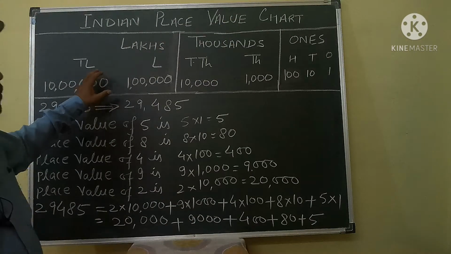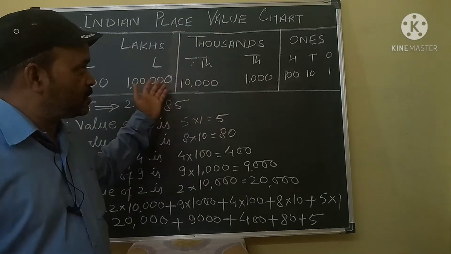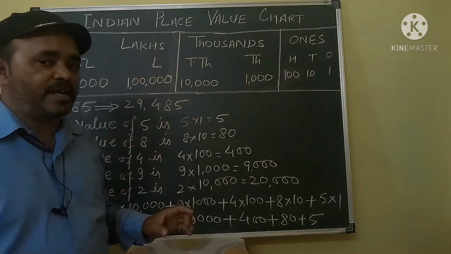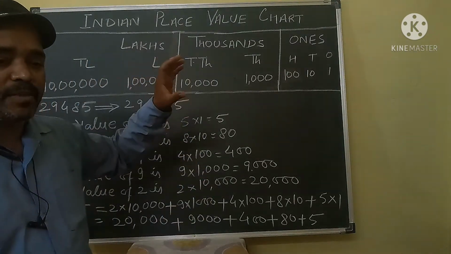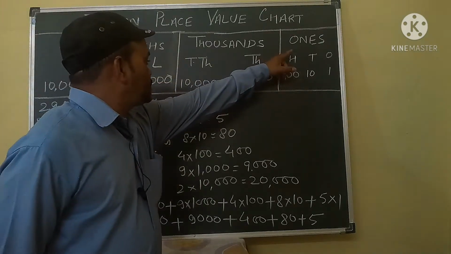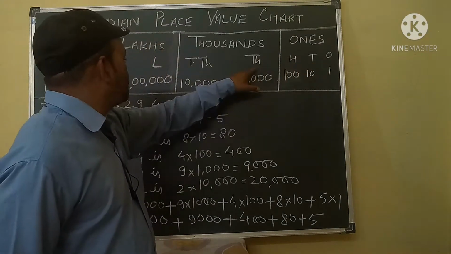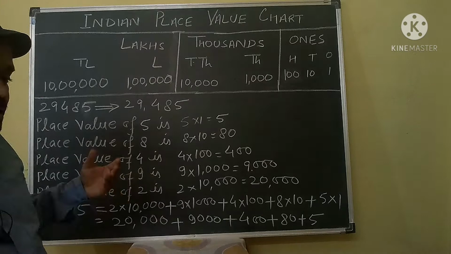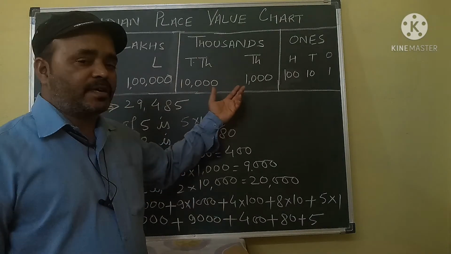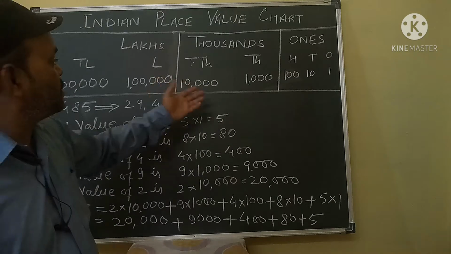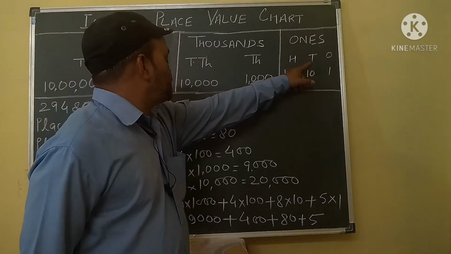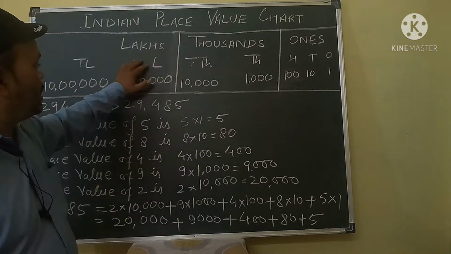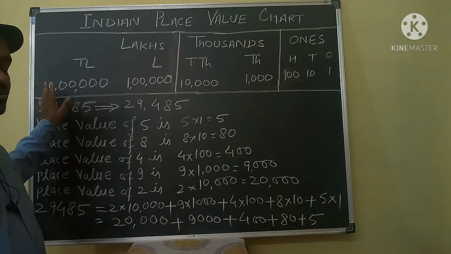For this, we have already discussed what the Indian place value system means. As you know very well, the Indian place value system has many groups: ones, tens, hundred, thousand, 10,000, lakh, 10 lakh, and so on.